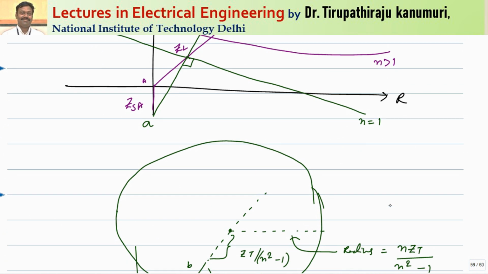With the center you have to draw a circle. If you draw a circle, your locus will be something like this. So this is for the value n less than 1. In this way the locus will come.